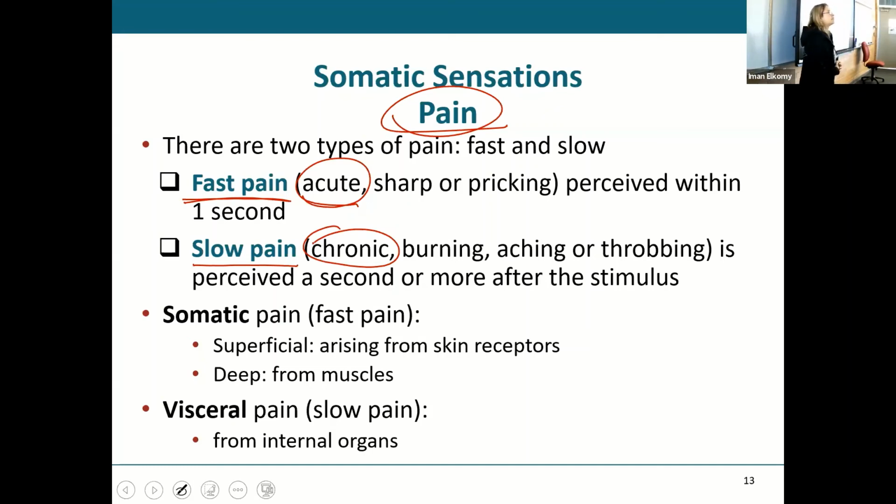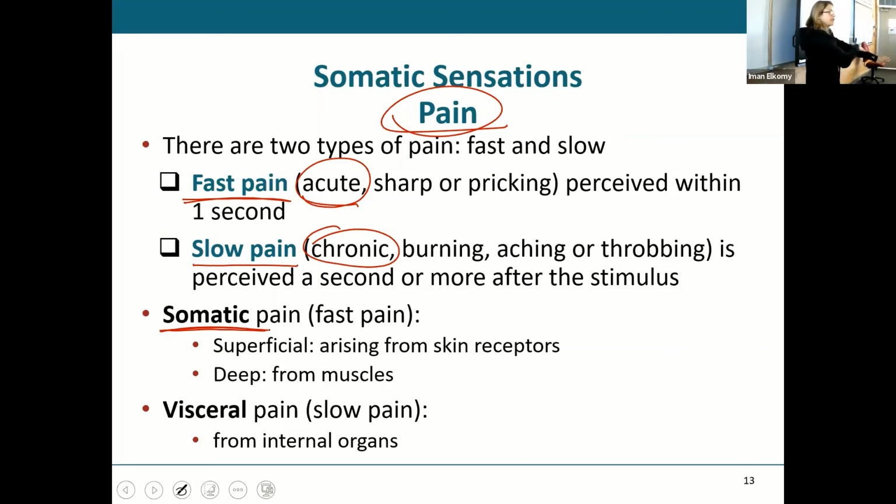Like, I have a stomachache and this is kind of painful, but it wasn't like all of a sudden I got stabbed by a knife and bent over in pain. Cool? Okay, so we have fast pain and slow pain. Now, our somatic pain, the pain that comes from our body, is usually fast pain. And your somatic pain can actually be superficial or deep.